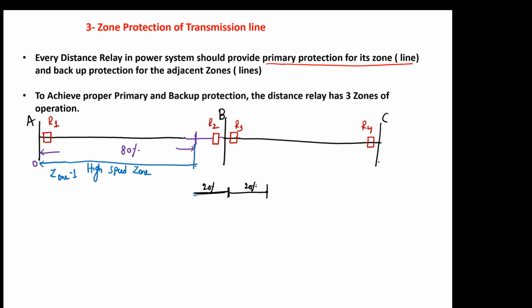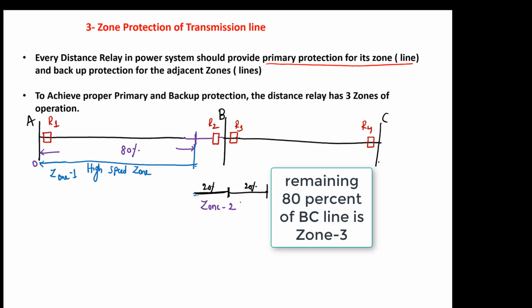This will be called the medium speed zone or zone 2 of relay R1. Understand? This is zone 2. Okay. Next.